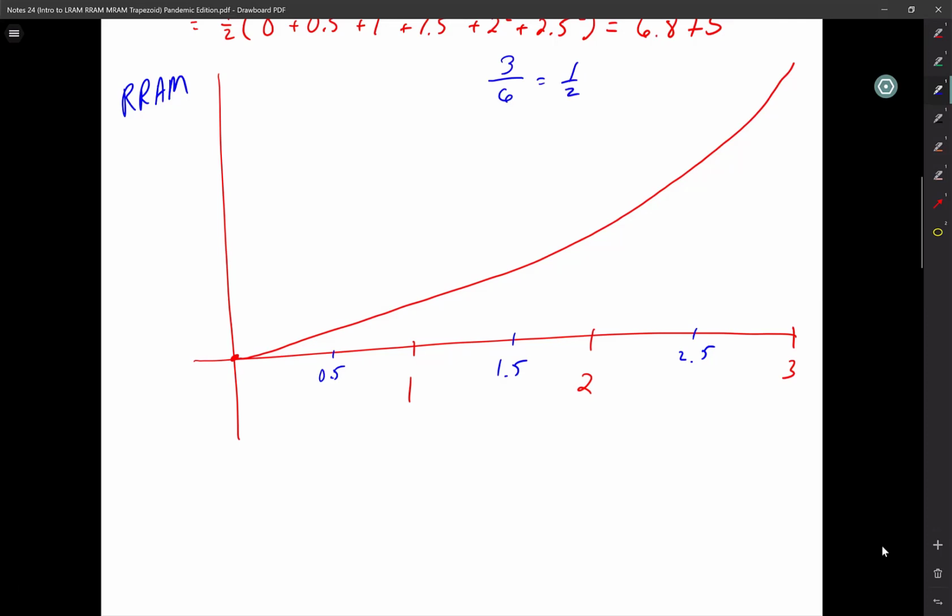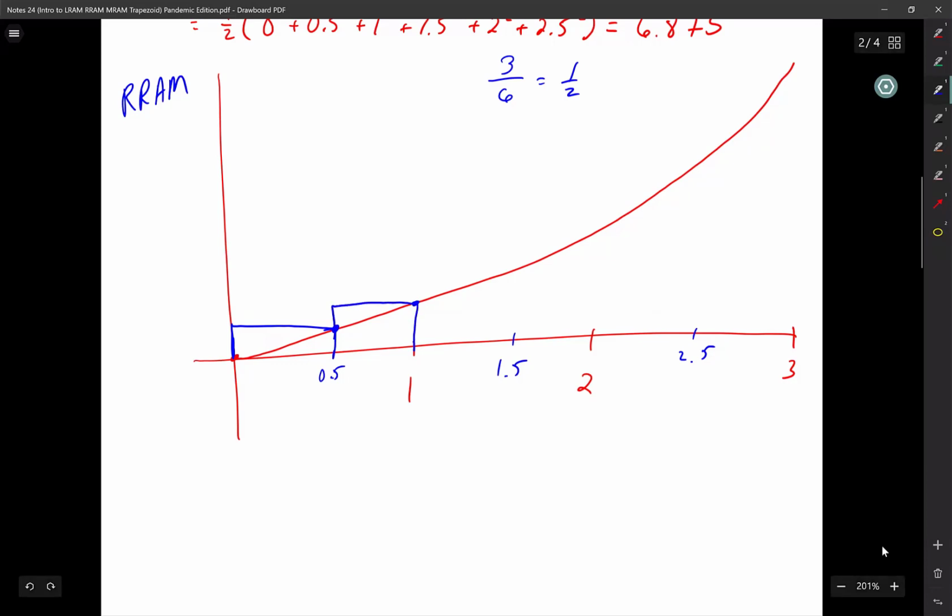I'm going to go real slow. My first rectangle, between 0 and 0.5, you're going to use the rightmost point on that interval. Put a point on the 0.5, go down, and now in this case you're going to go all the way left until you hit the y-axis, your v of t axis. There's your first rectangle. Go to the 1, go down, and then go all the way to the left.